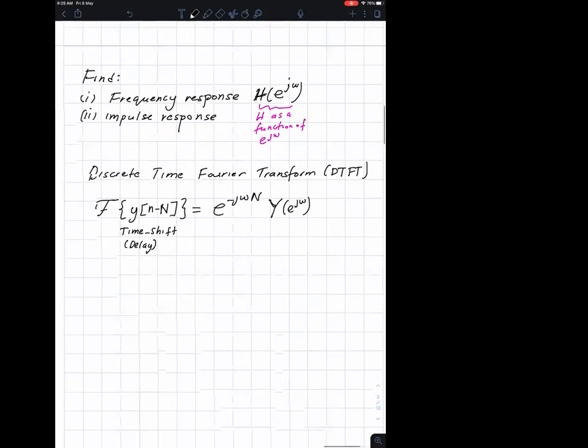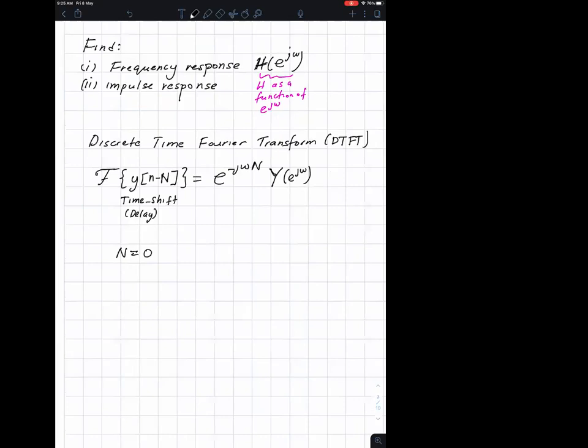If N is 0, then there's no delay. That means there's no past value; it's the current value.